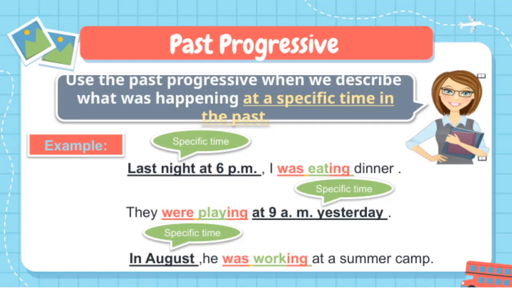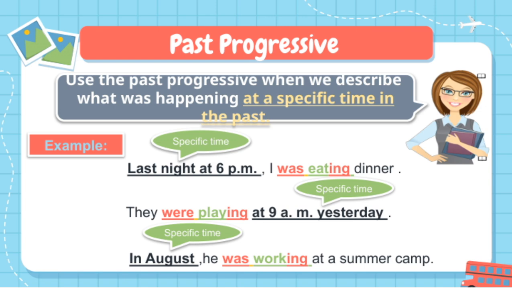Let's talk about how we use the past progressive tense to describe actions at specific times in the past. First, we often mention a specific time to show exactly when something was happening. For example, in August, he was working at a summer camp. Here, we focus on the action that was ongoing during that particular month. Next, we have, they were playing at 9 a.m. yesterday.